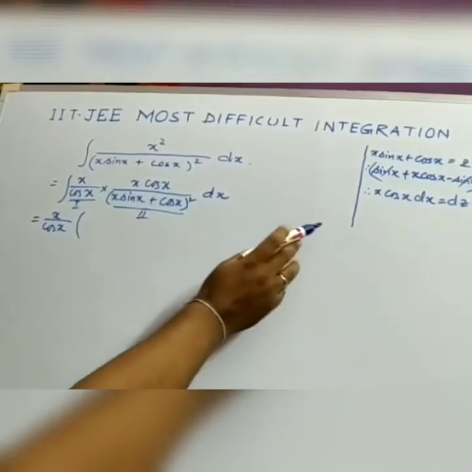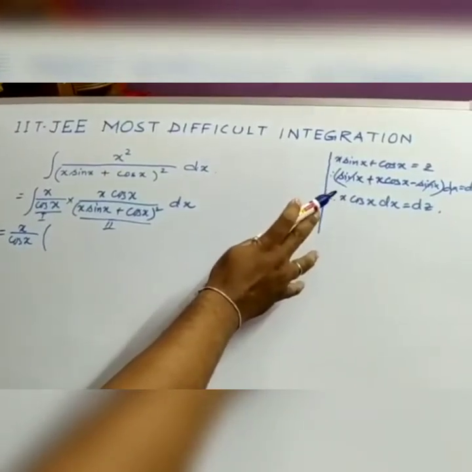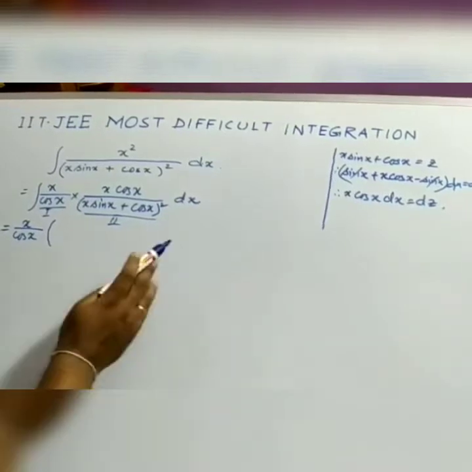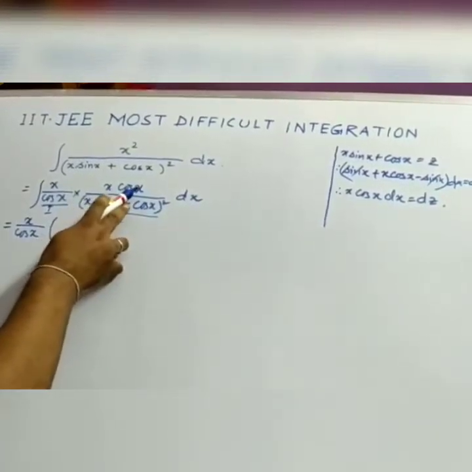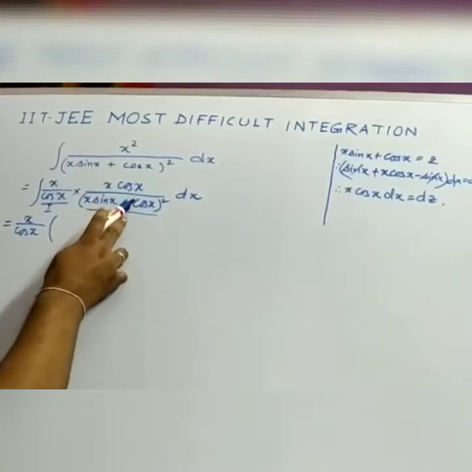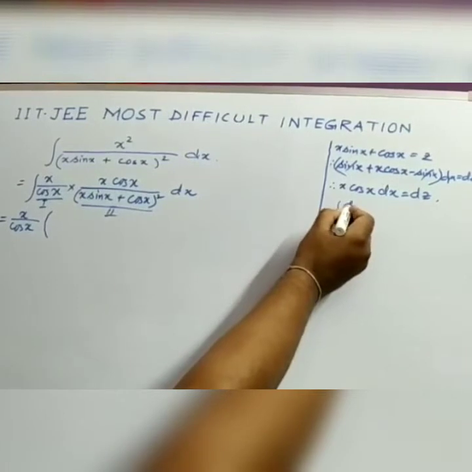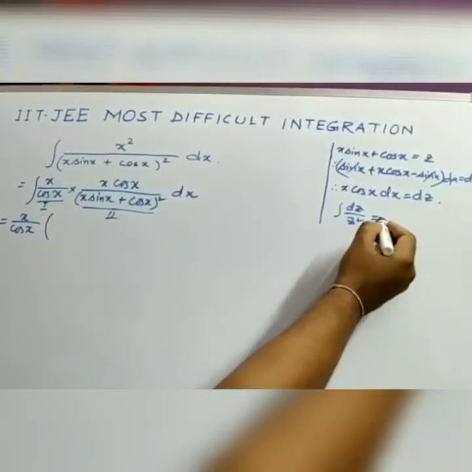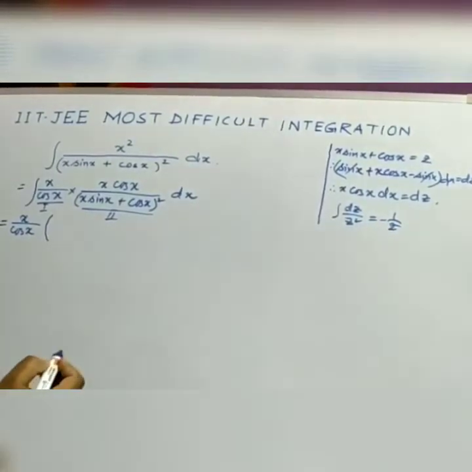Now you just come here, you can see we have taken x sin x plus cos x equals z, then it gives x cos x dx equals dz. So if this part is z, then this becomes dz, so it is of the form dz by z square, and you know that the integration of dz by z square gives minus 1 by z.